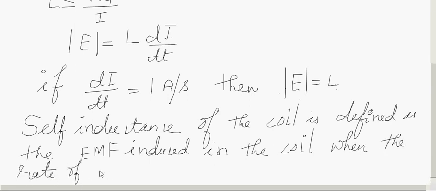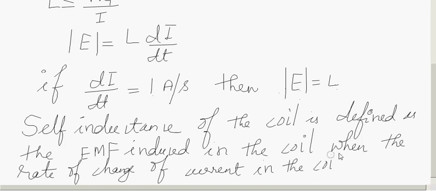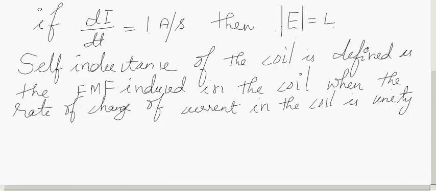Rate of change of current in the coil is unity. L equal to E if di by dt is 1 ampere per second. We can define L using this equation.